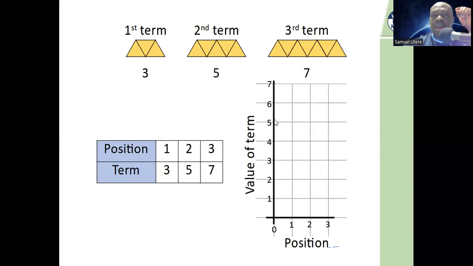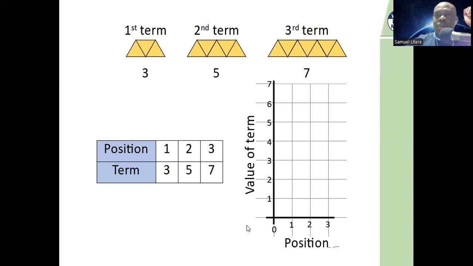Most students have a book that is already in a grid form. So take note of this scale. Here one square represents 1 unit, on this side for the position, one square represents 1 unit. So this is a very easy graph to plot.